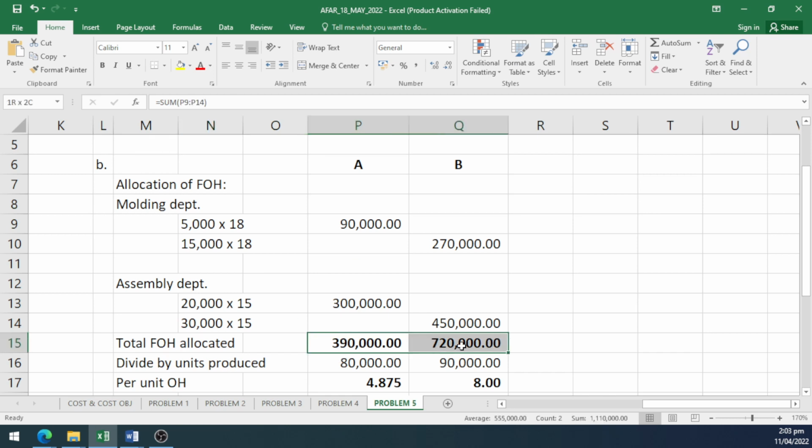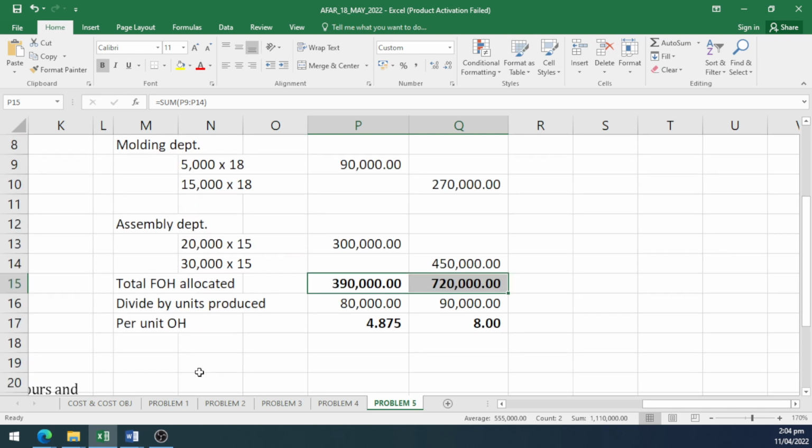Total overhead allocated. Divide by units produced. Then you have per unit overhead. 4.875 then 8 pesos. Yan po ang ating overhead allocation. Yun pong traditional and activity-based costing.